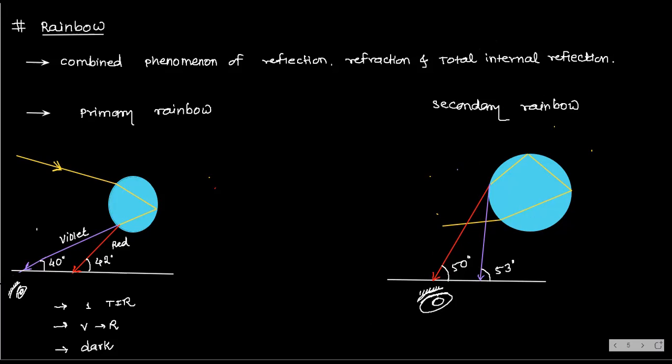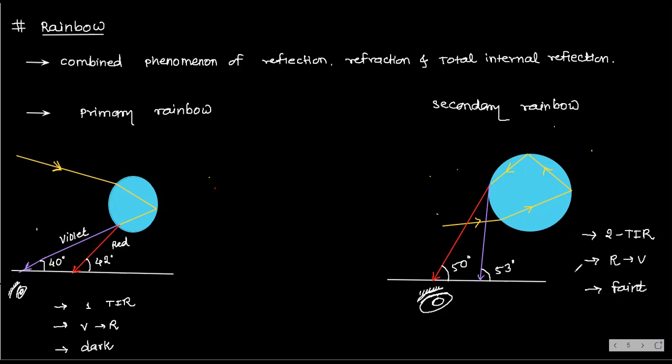Okay, so how many times does total internal reflection take place here? Two times. Yes or not? How many times? Two times. So I am adding a point here. You can see two times total internal reflection takes place. Colors are from red to violet, and the intensity of color is faint in this secondary rainbow.